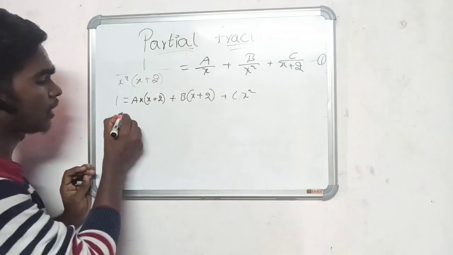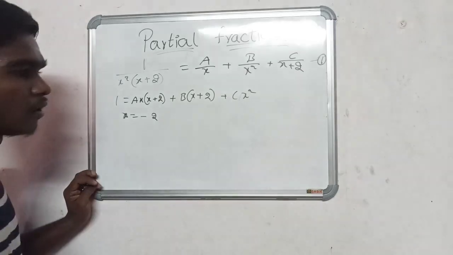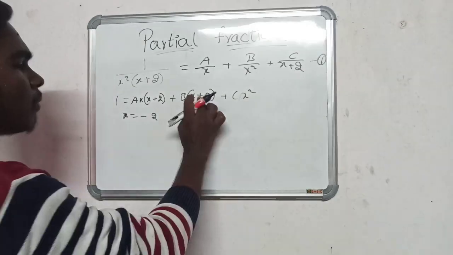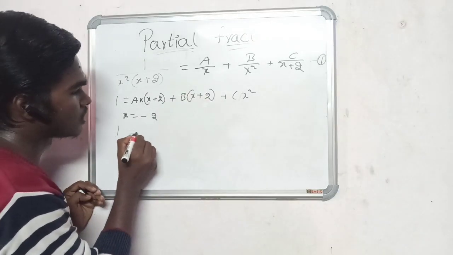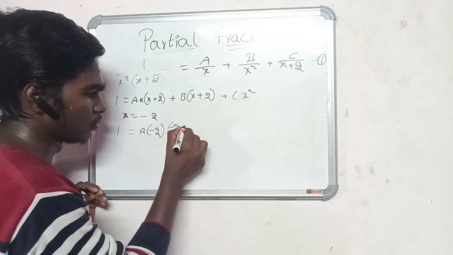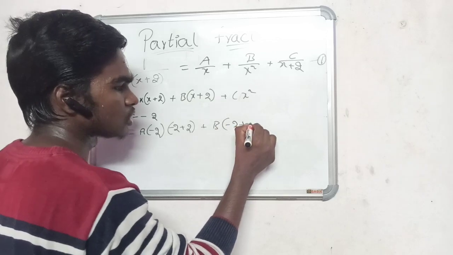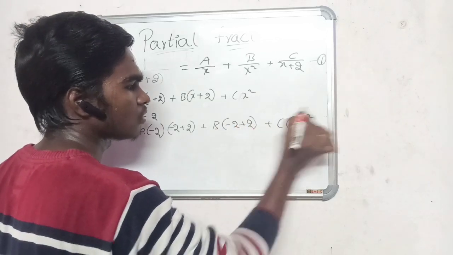Now put x is equal to minus 2. Here b into x plus 2, if you put minus 2, the value will be 0. Now 1 is equal to a into minus 2 into minus 2 plus 2 plus b into minus 2 plus 2 plus c into minus 2 whole square.